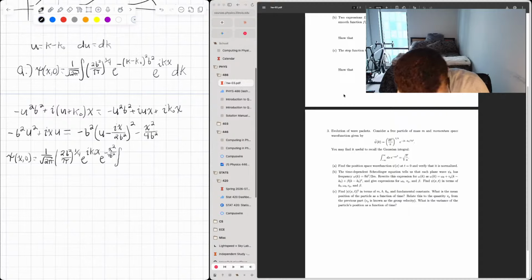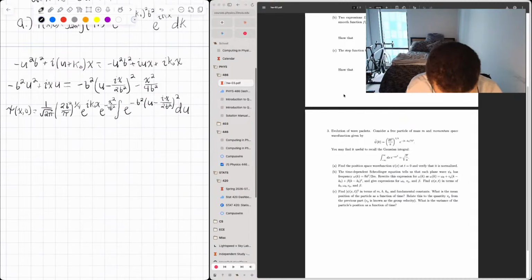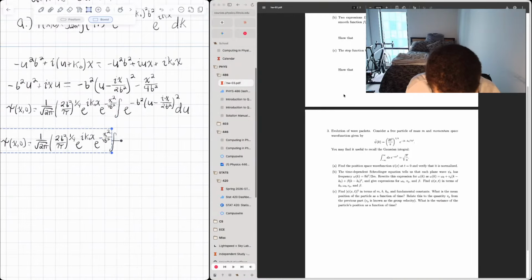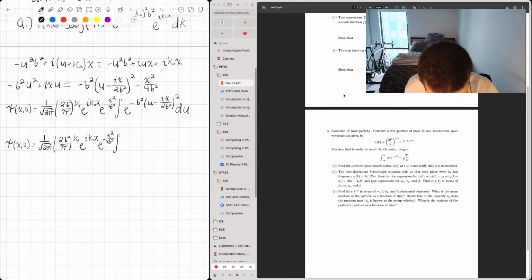And then we get the integral of e to minus b squared u minus, which equals, just copy all this nonsense, root pi over b squared.